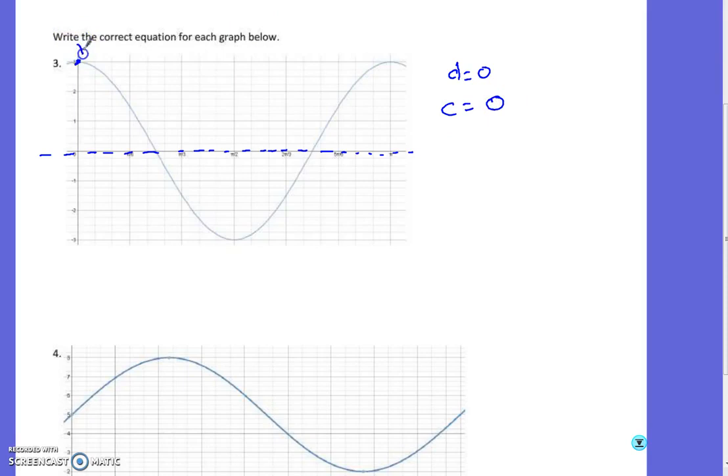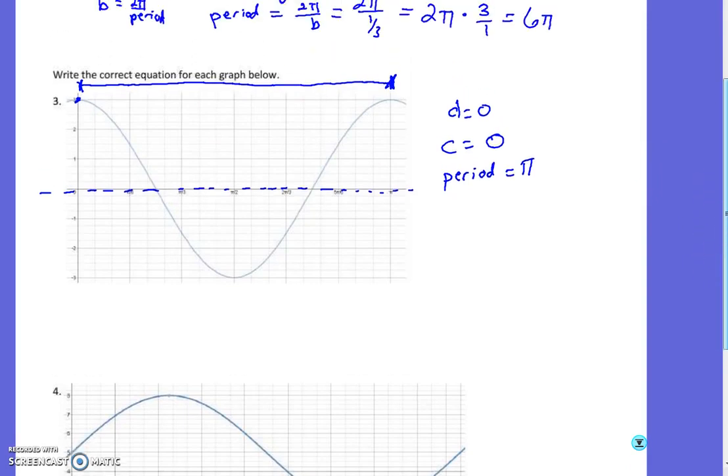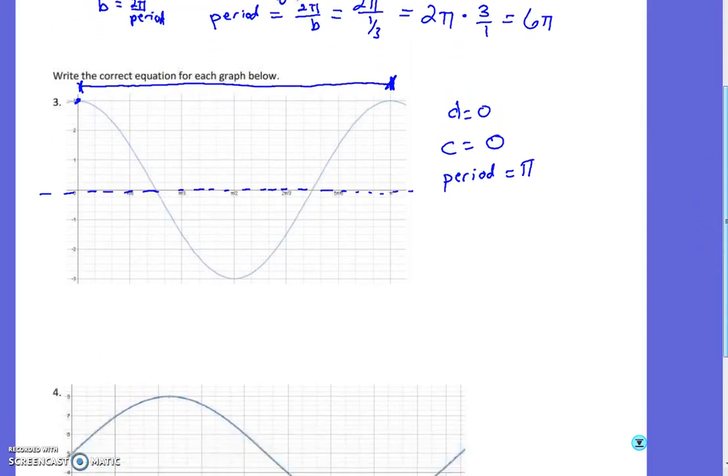Now the period goes from the highest point all the way back to the highest point again, which is about right there. My pen doesn't like to draw straight lines, or at least not straight up and down. So that went from 0 to pi. So the period is equal to pi. And we already said just a second ago that b is 2 pi divided by the period.